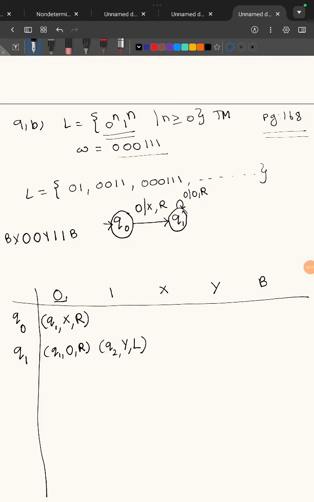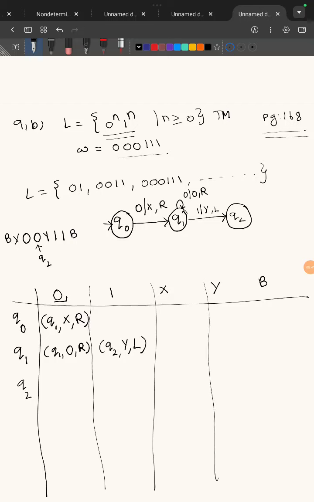So we have seen 1 is converted to y, and we are moving towards the left. Now we are in the state Q2, so we have to write Q2 over here. I'll just put a marking such that you don't have any confusion.